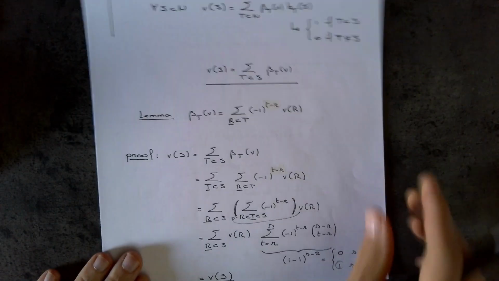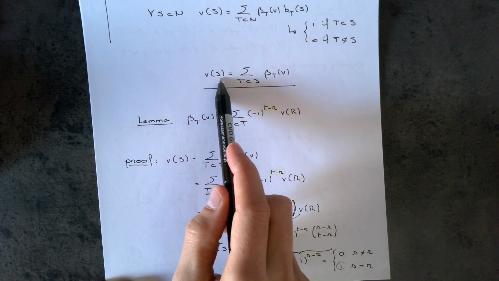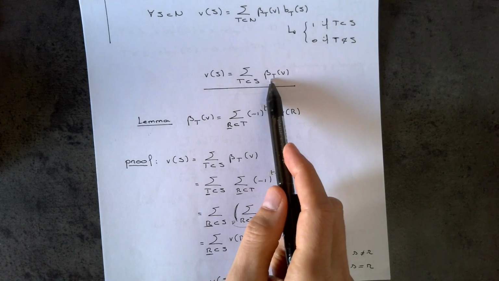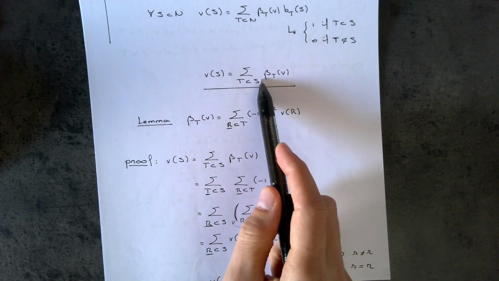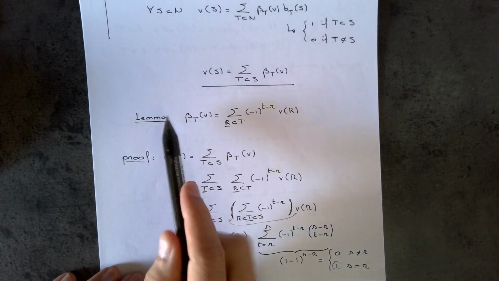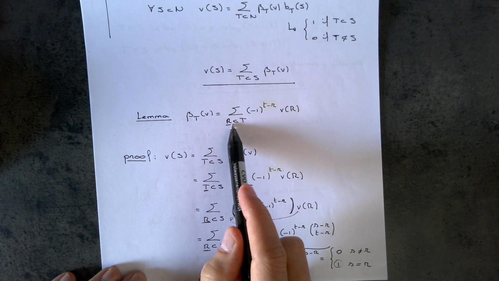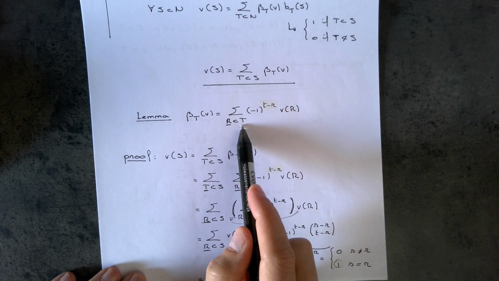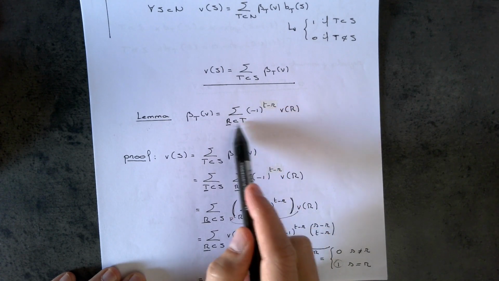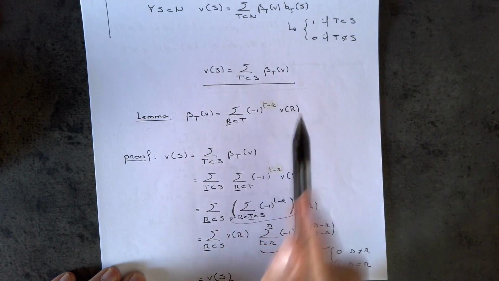Now, it would be interesting to not only have this expression of V(S) in terms of B_T, but also it would be nice to have the value of β_T V. And this is what the following lemma says: that β_T V can be written as a sum over all subsets R of T of minus 1 to the power t minus r, where small t is the size of T and small r is the size of R, times V(R).